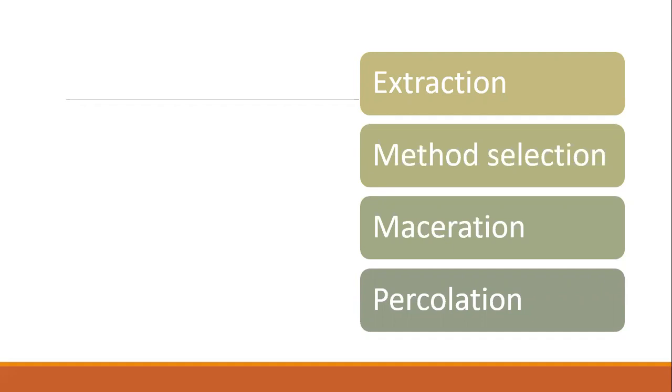There are other methods as well, but we are particularly interested in maceration and percolation because they are mostly used in the manufacturing of pharmaceuticals. So we need to know what maceration and percolation are, but we'll see other methods as well.